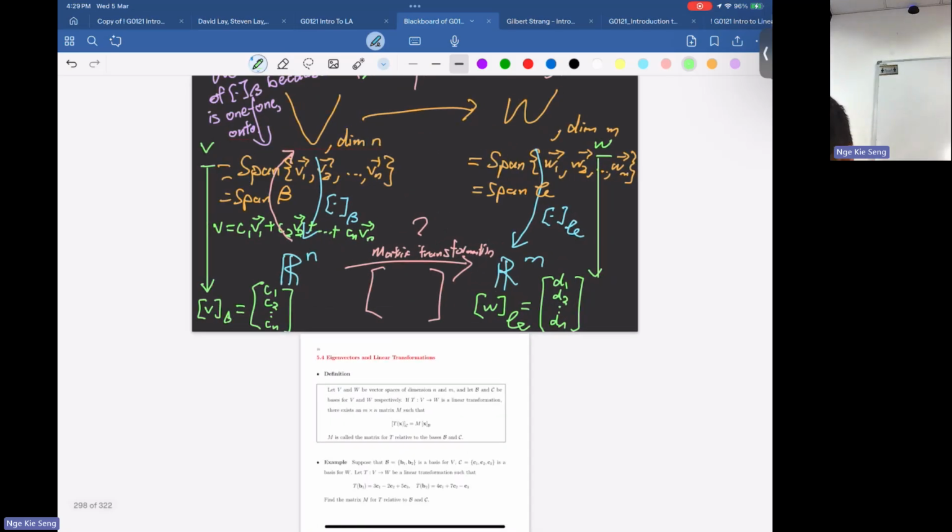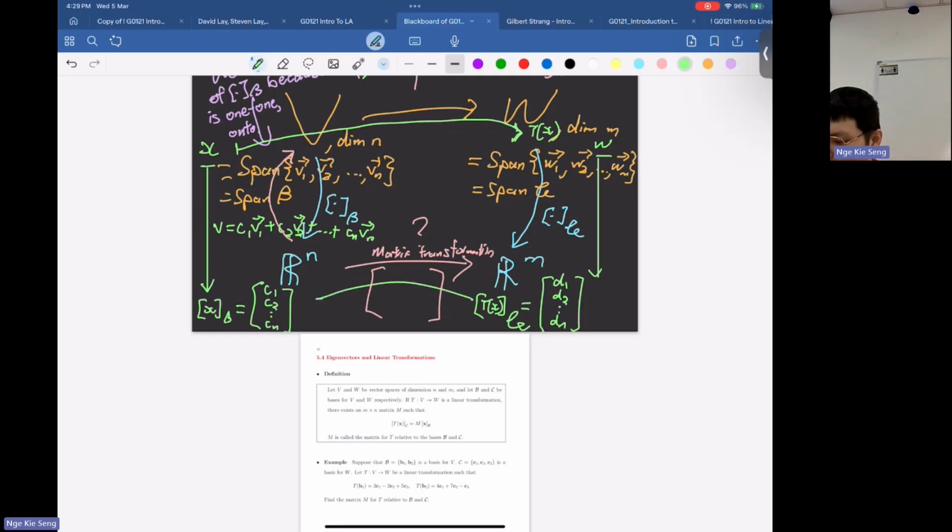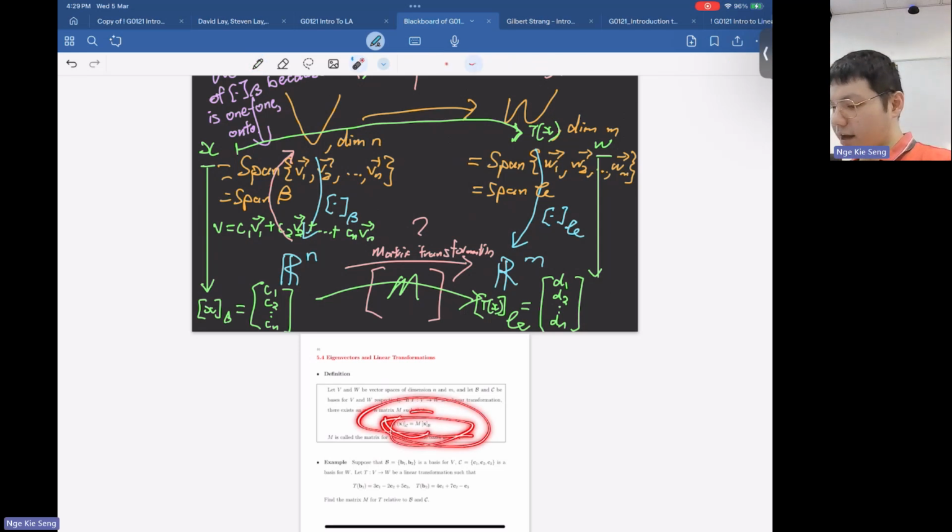So I put x here, x goes to Tx first, and then for Tx you take your coordinate vector, so you get [Tx]_C. And then you have your x going to x_B, and then going forward here is some matrix put inside here. You need to figure out what the matrix is. So this equation comes from this square here.